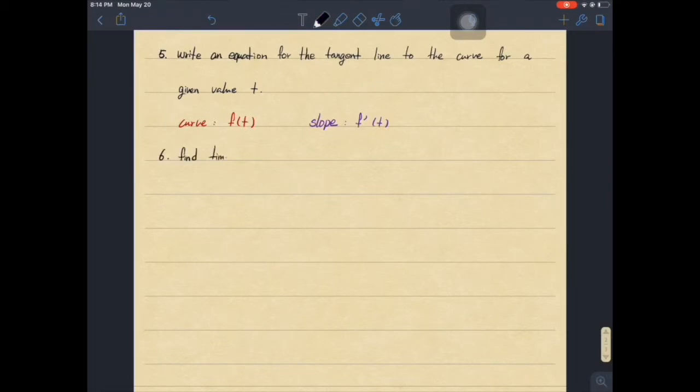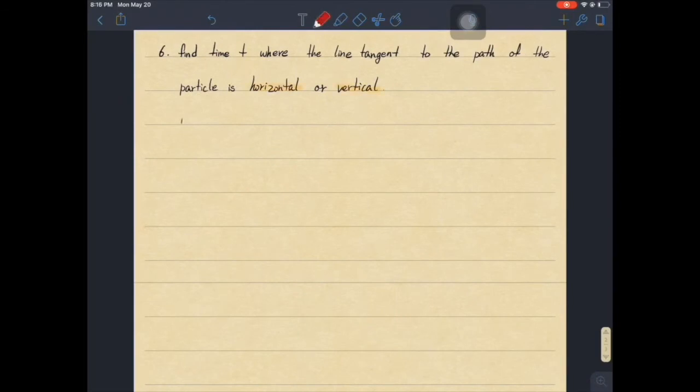The sixth type of question asks us to find the value of t at which the line tangent to the path of the particle is horizontal or vertical. So to solve this question, we need to know the slope is usually dy over dx, and dy over dx is equal to dy over dt over dx over dt.